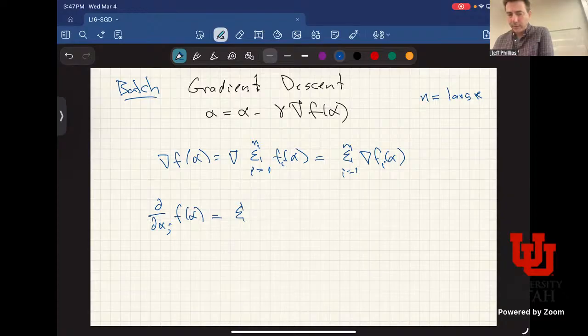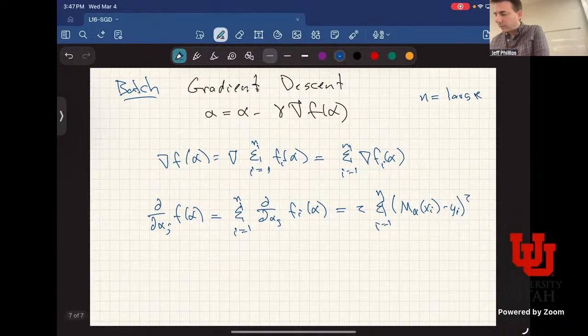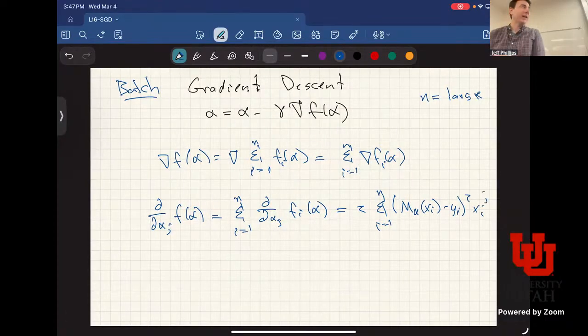So now the partial derivative with respect to alpha_j of f of alpha is the sum from i equals 1 to n of the partial derivative of f_i of alpha, and this will be 2 times the sum from i equals 1 to n of (alpha transpose x_i minus y_i) times x_i^j.